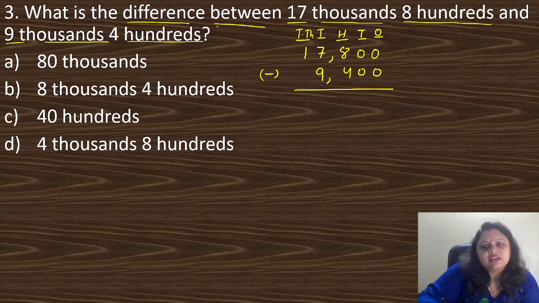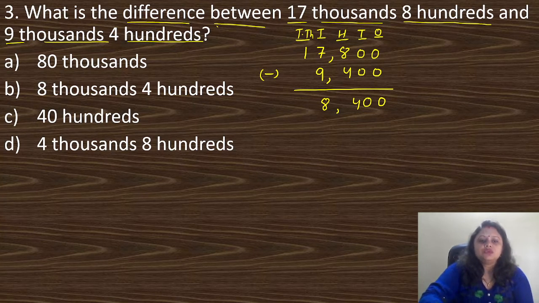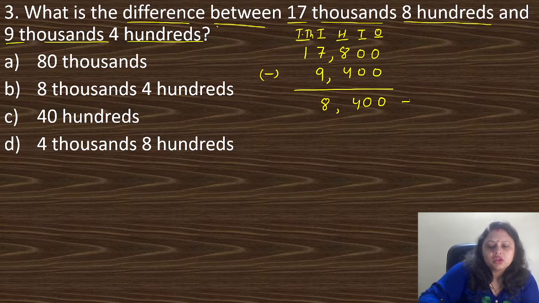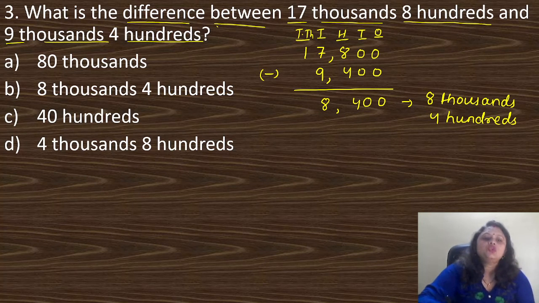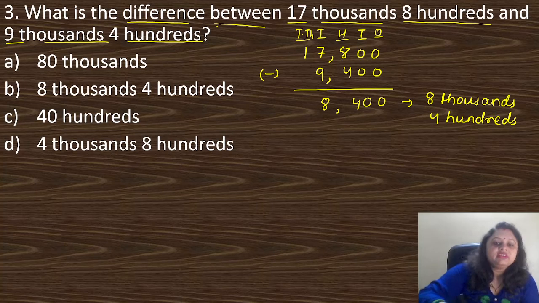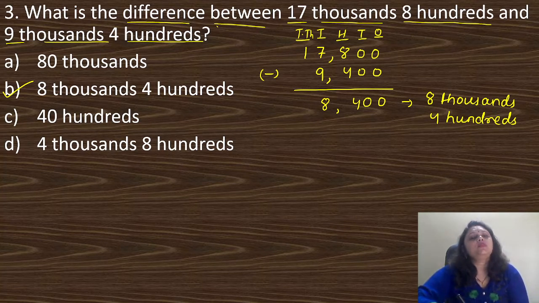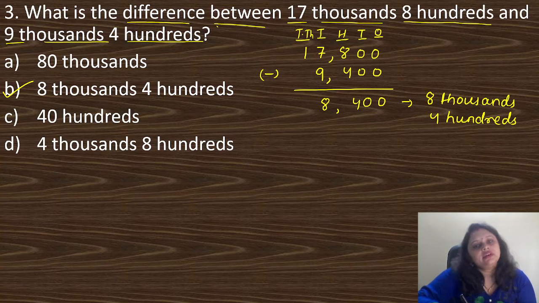If we subtract, here 0, 0, 4, then 17 minus 9 is 8. So 8,400. Is it present in our options? Yes, it is present in option B. So option B is the correct option for the given question.